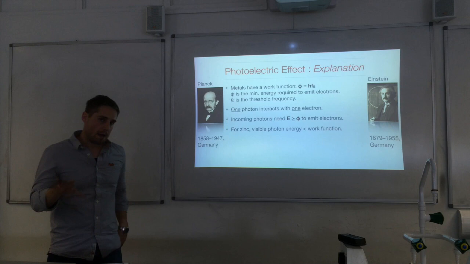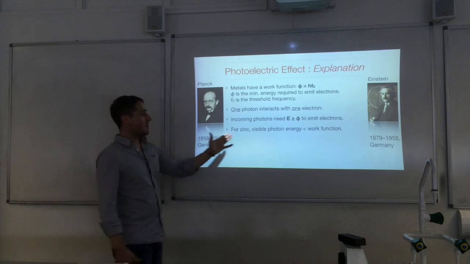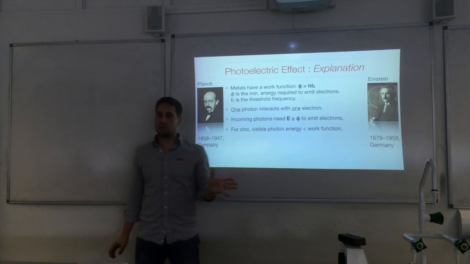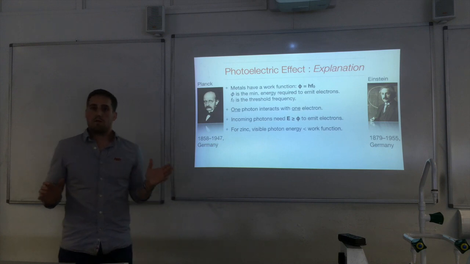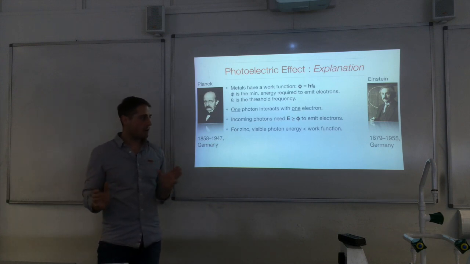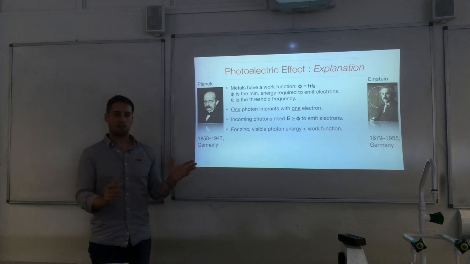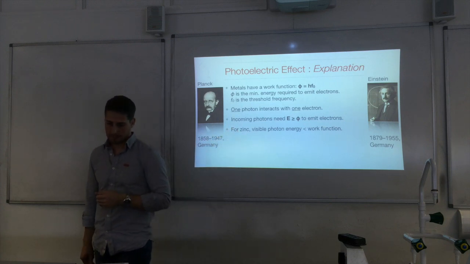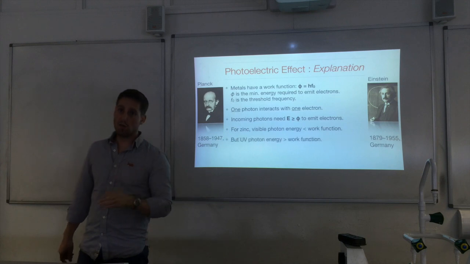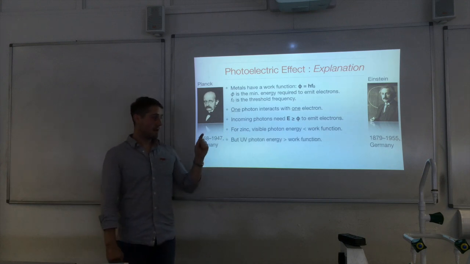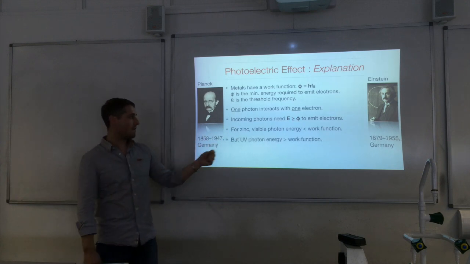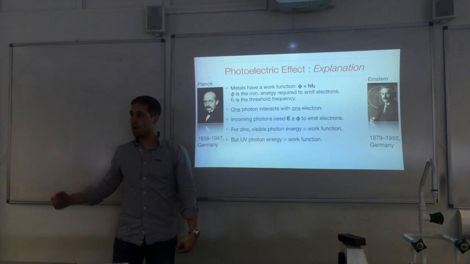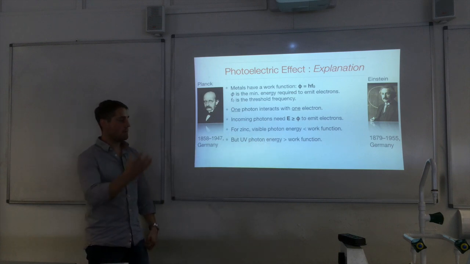In the case of our zinc plate, the visible photon energy is less than the work function. So visible photons cannot remove electrons from the zinc plate because the photons don't have enough energy. But UV photons, they do have enough energy. They have energy greater than the work function, so the electrons can be emitted from the metal surface.